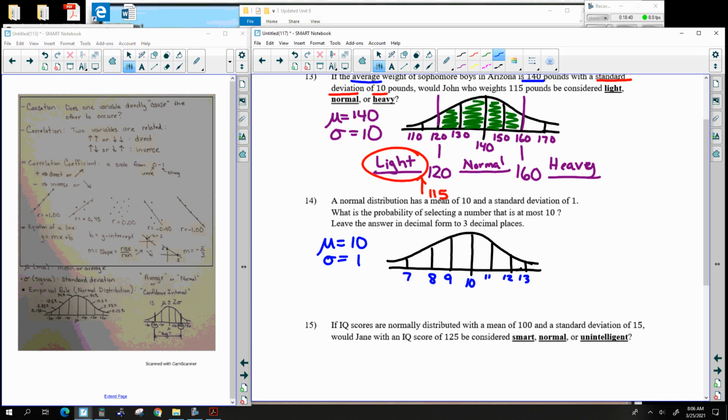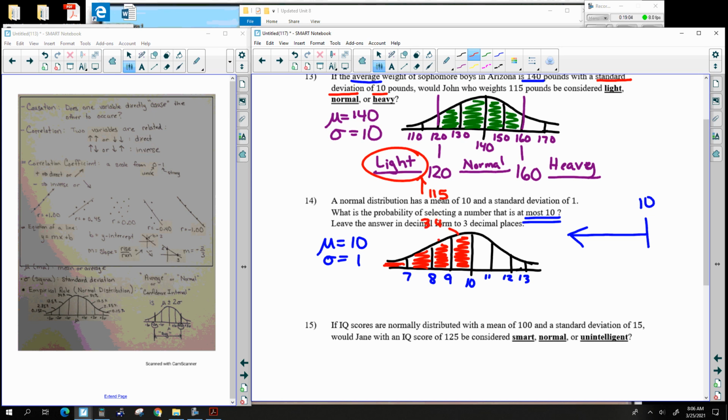At most 10. What that means is 10 is the most. So everything less than 10. So in this situation, that would be everything less than 10. Every bar less than 10. And there's 4 different segments.